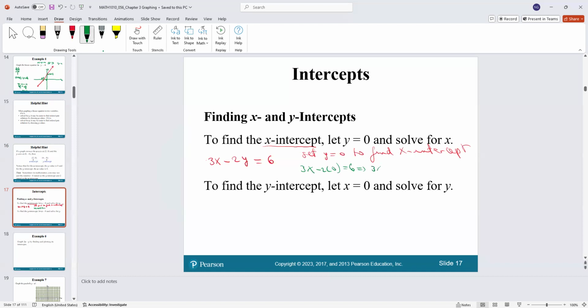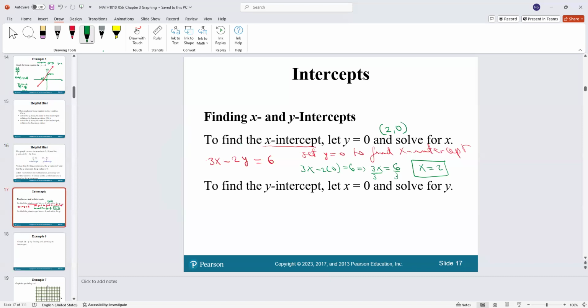We have 3x minus 0 equals 6. So 0 is gone. And if we divide both sides by 3, you see x equals 2. So this value right here is the x-intercept. Or you can write it in terms of an ordered pair. That means x is 2. What is y? 0. Okay.